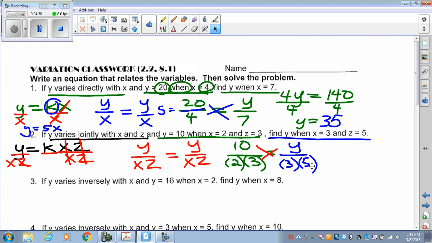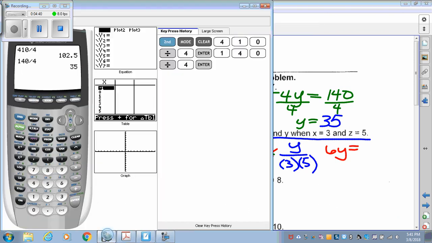So I've got, let's see, 2 times 3 is 6, right? So I have 6y equals, and then I've got 10 times 3 times 5. So 10 times 3 times 5 is 150.